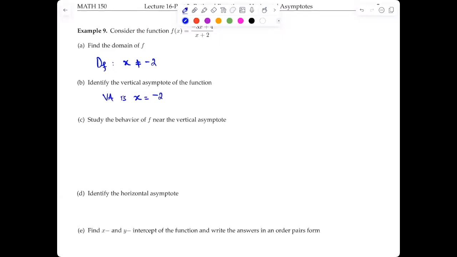On the left of -2, you can think of numbers like -2.01, -2.001. So a negative number, -2.01, you put it in the numerator. Negative times -3 becomes positive. You follow? A positive number plus 4 is still a positive number. So in this case, the numerator is always positive.